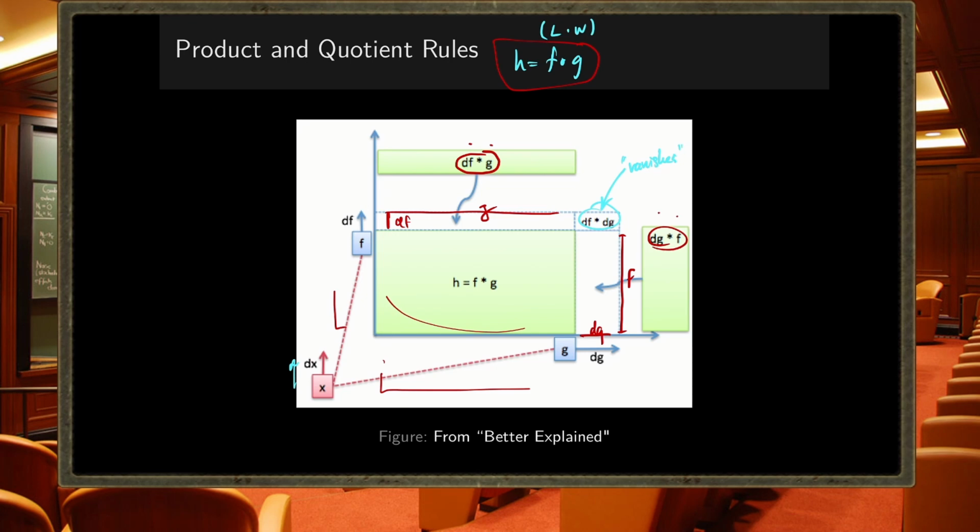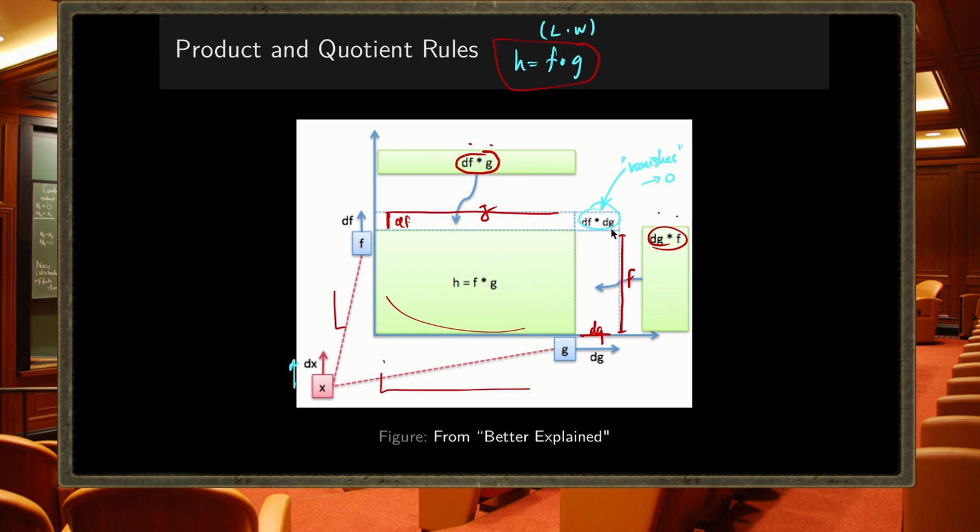If we multiply those things together, that becomes so incredibly small, it's not adding anything to the area. Okay, so it's vanishing much faster than anything else. So we can assume that this actually goes to 0. These are both infinitely small quantities, the df and the dg.